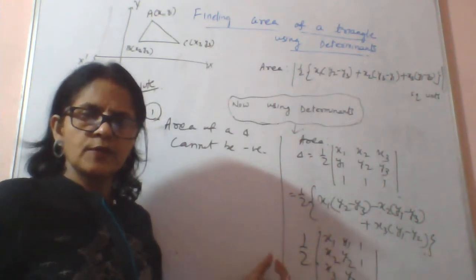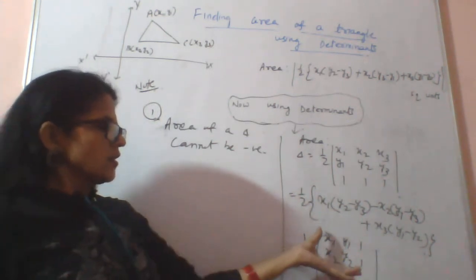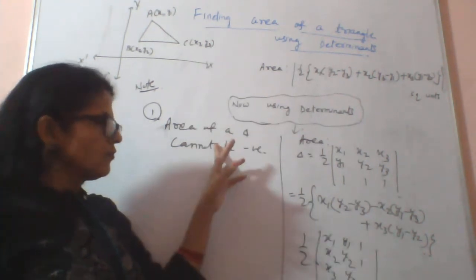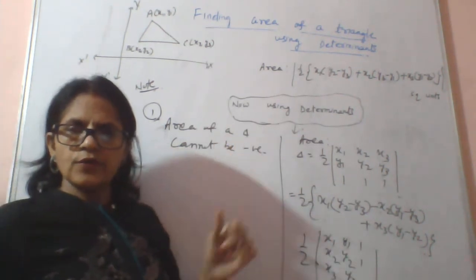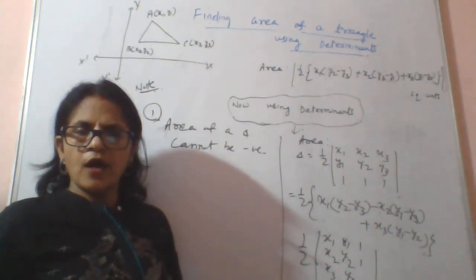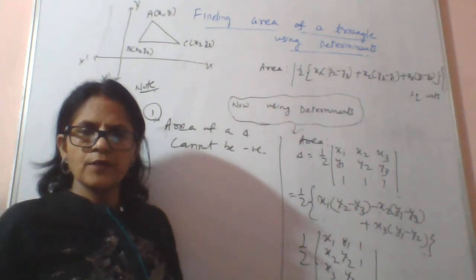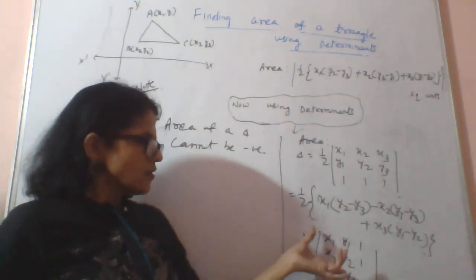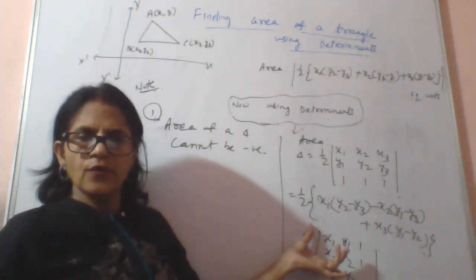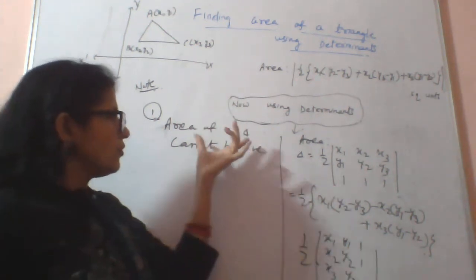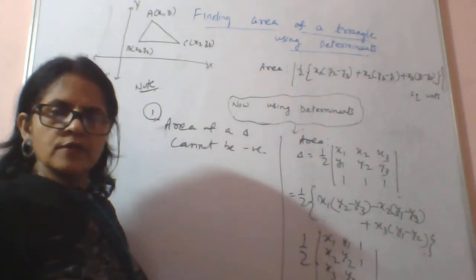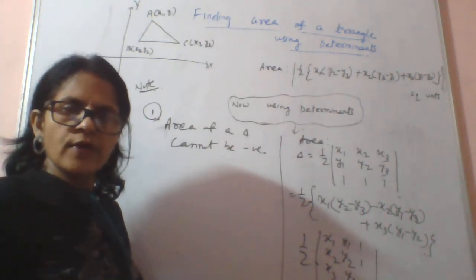In case the determinant is negative, and you know area cannot be negative, you take the area of the triangle as the absolute value of the determinant. Suppose the value of the determinant is minus 15; the area will be mod of minus 15, that is 15 square units.